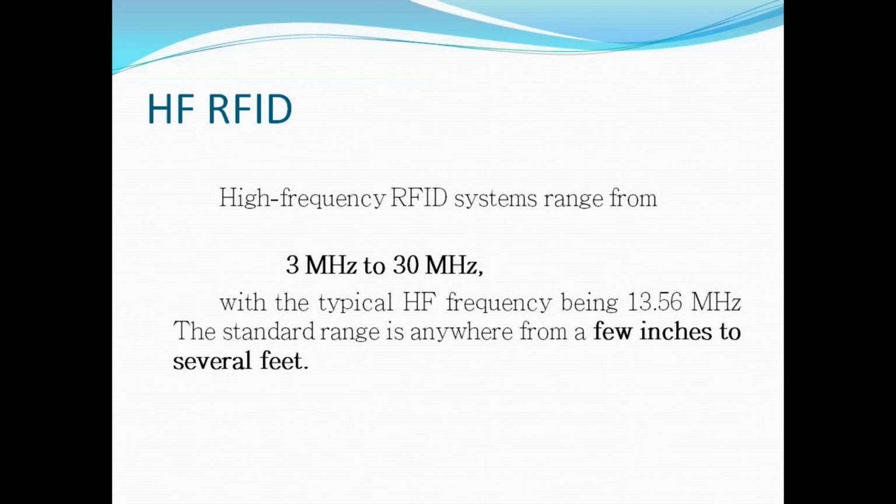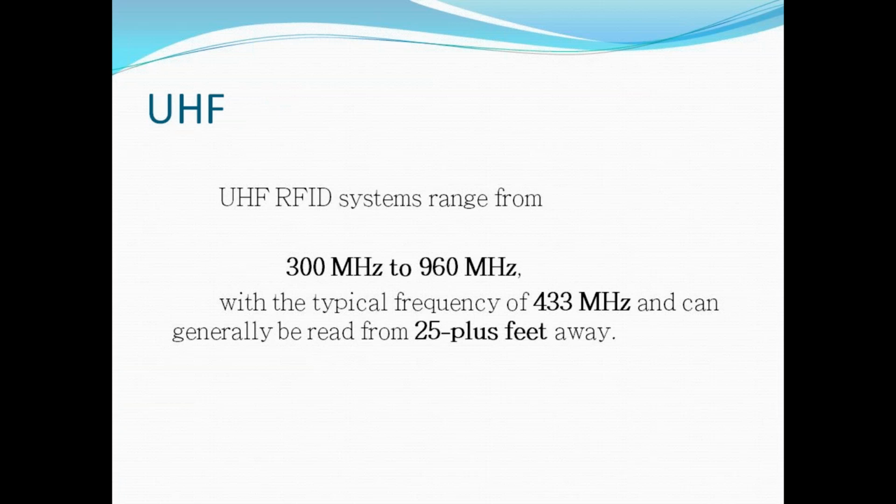Here we are using UHF, not VHF. Now when we use UHF, it works in 300 to 960 megahertz, but normally we use 433 megahertz, because it has low noise and can transmit up to 25 plus feet.